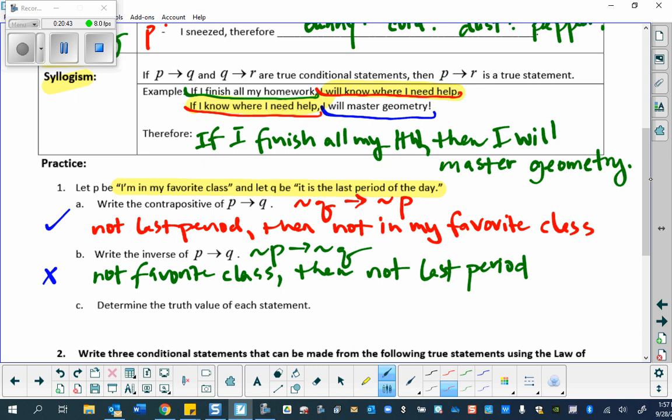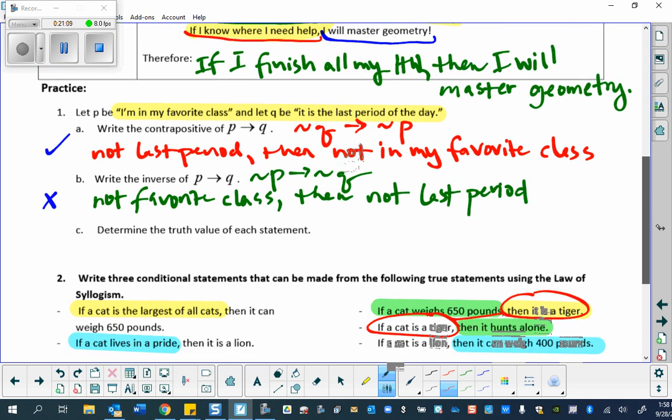Is that the last period of a day? Is that your favorite geometry class? No. So if it's not your favorite class, then it's not last period. Well, tomorrow you'll have a class that you don't like nearly as much as you like geometry. Yes. So that inverse statement is not guaranteed to be true.